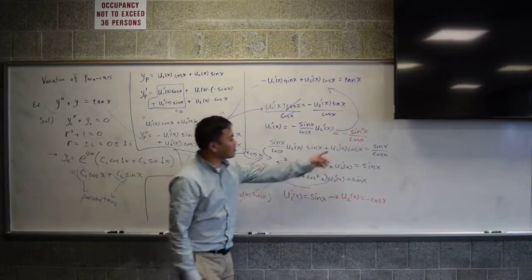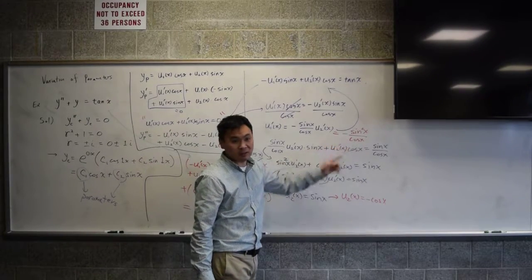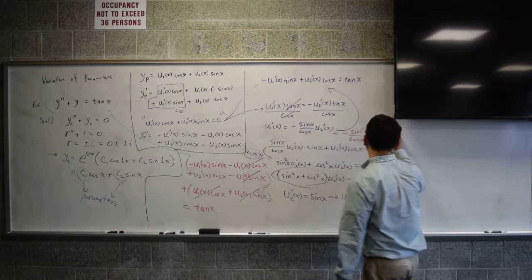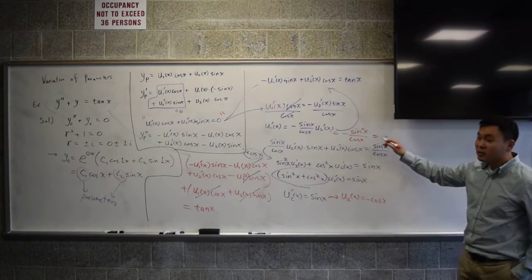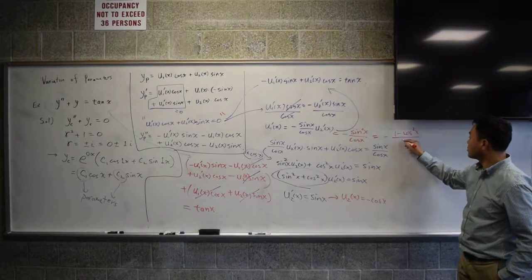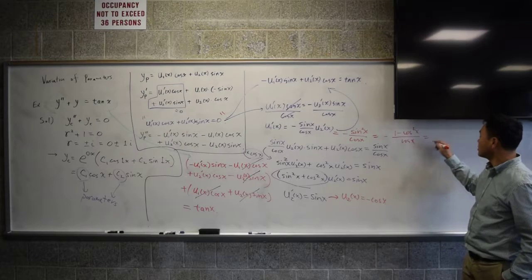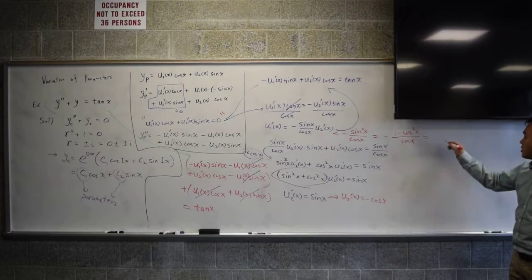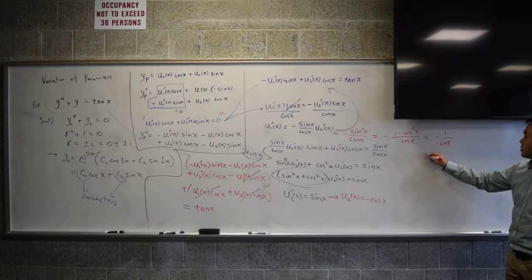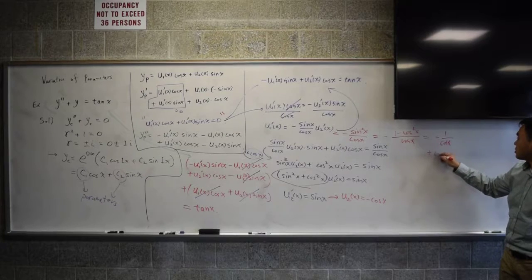This one's slightly harder to integrate. You can rewrite this as sine squared is 1 minus cosine squared of x over cosine of x, which is 1 over cosine of x, and then minus, negative is plus cosine of x.